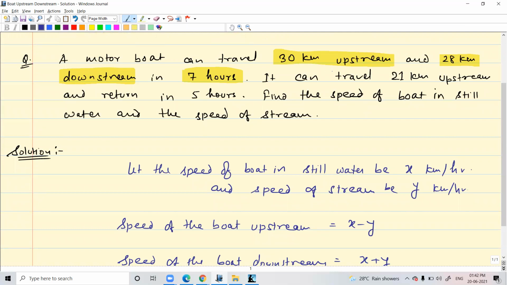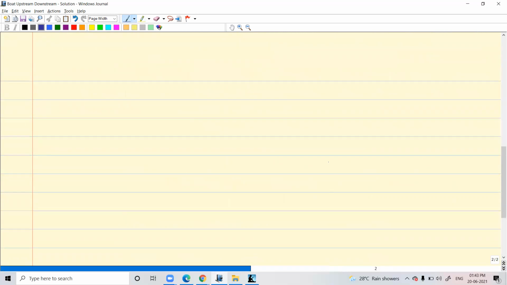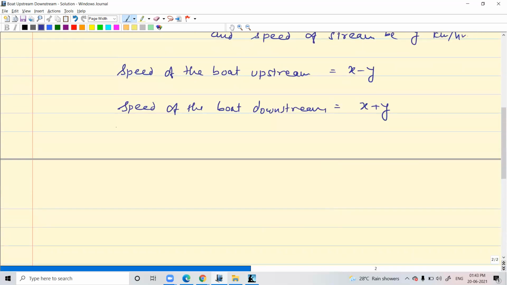So once we have the speeds and the distances, see, distance and time is already given: 30 kilometers upstream, 28 kilometers downstream, and how much total time it took. So we'll use the speed, distance, time formulas to create our first equation. For the first part of the journey, we have to find out how much time it took to go upstream.